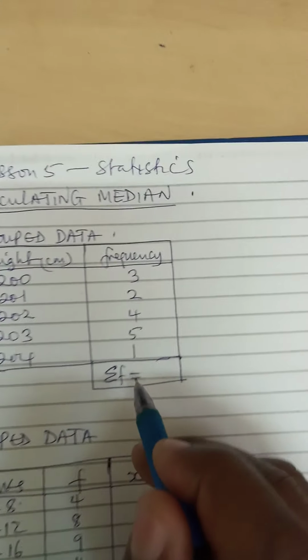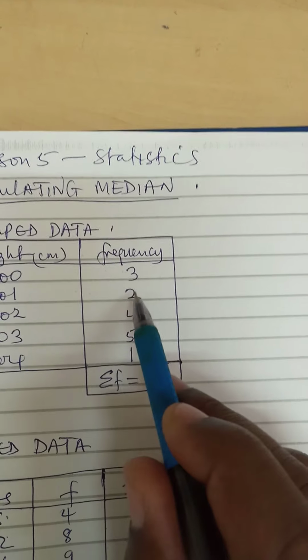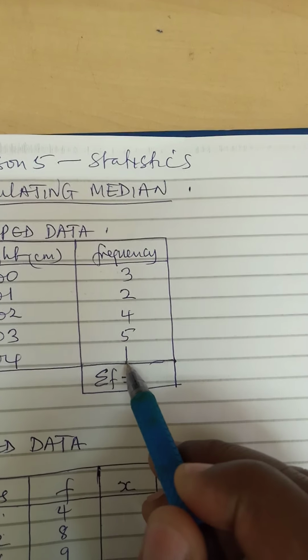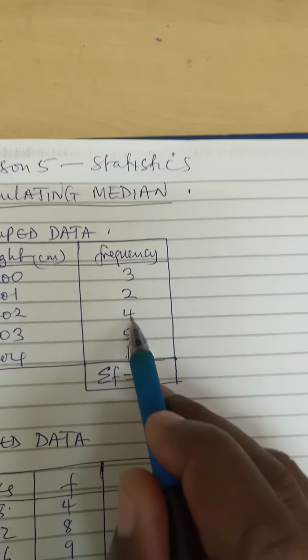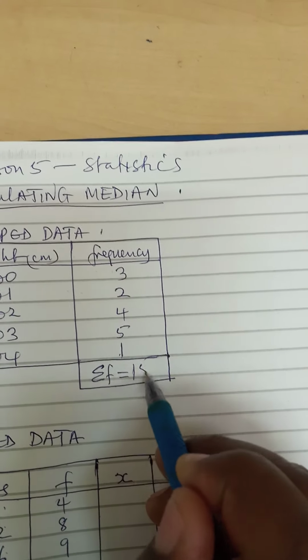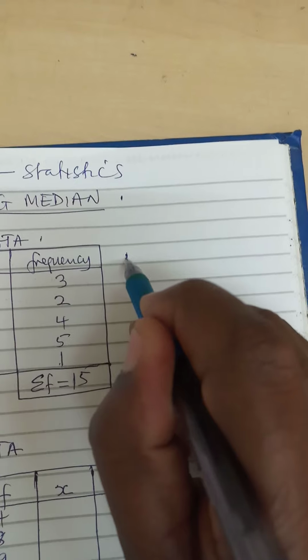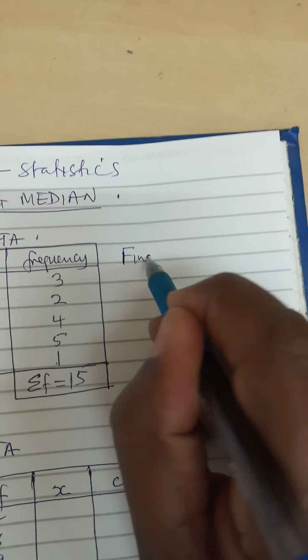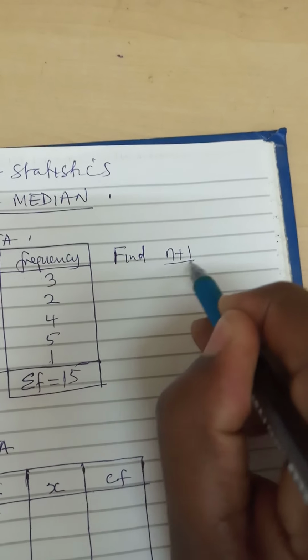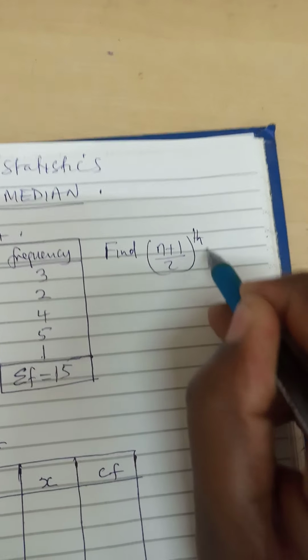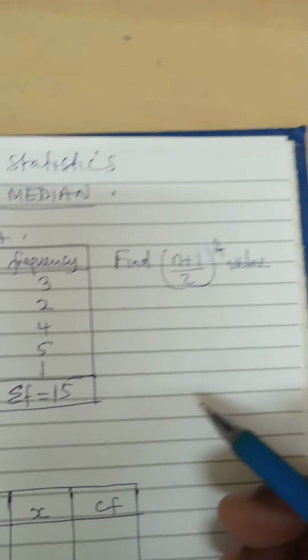We need to find the total frequency, which we find by adding, and this frequency will be 6, 10, 15 will be the summation. We use a formula. We first find the (n plus 1) out of 2 value. We find the value that corresponds to this.